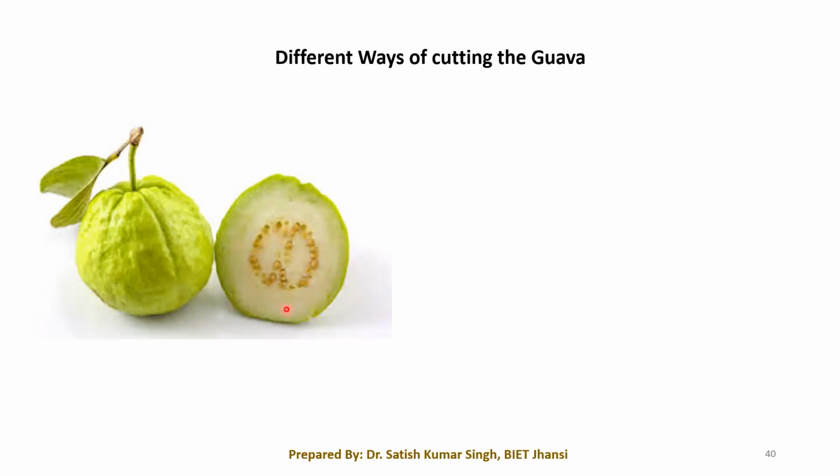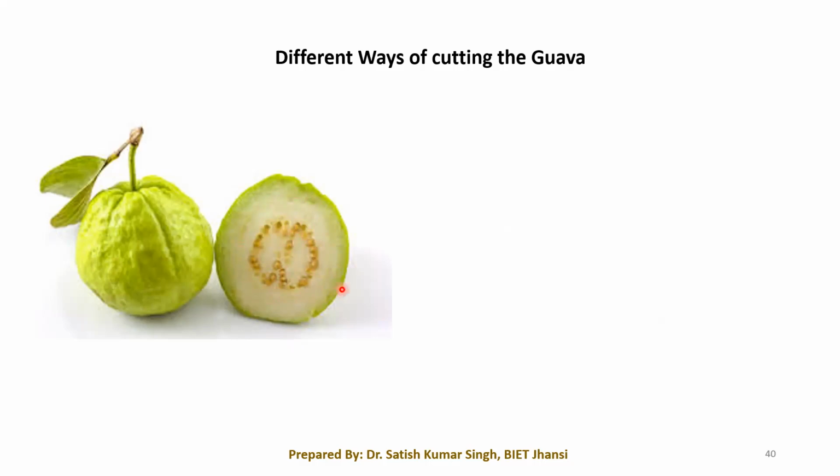So please think about it. We are interested in the number of seeds that we have exposed after cutting this guava. Let us assume that we are interested in how many seeds we are going to expose after cutting the guava, and what will be the pattern of these guava seeds.